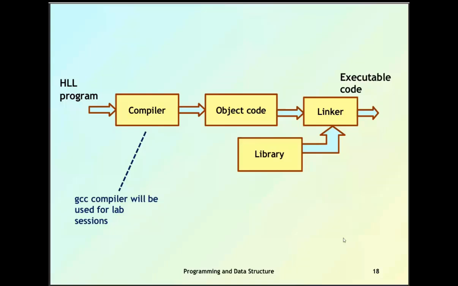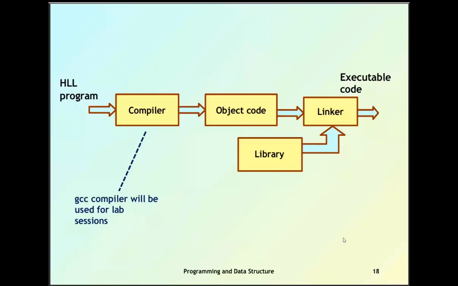You write a high level program, then it goes through the compiler. As we have just discussed, the compiler converts the high level program into machine level code that the machine can understand.